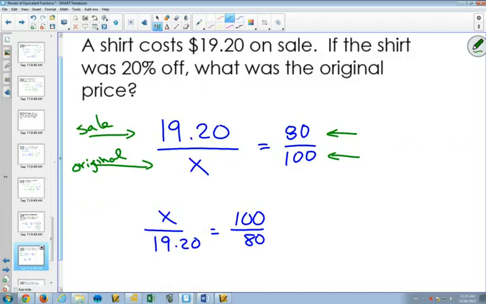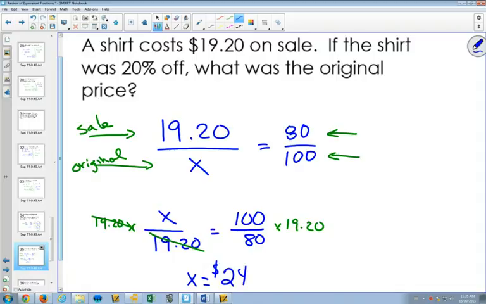So for our algebra, multiply both sides by 1920. And take out our calculator. 100 divided by 80 times by 1920. I think you get 24. Is that right? Yeah? Awesome.